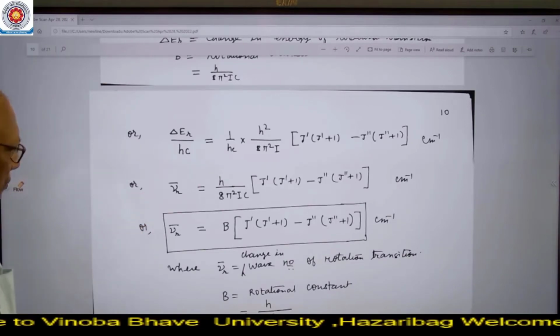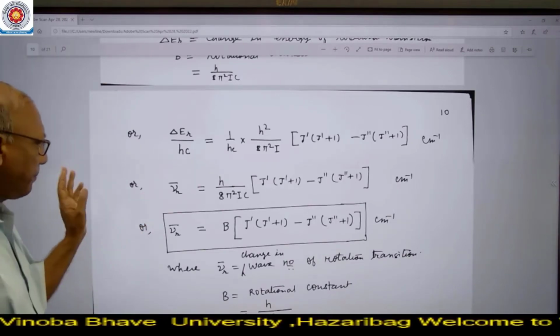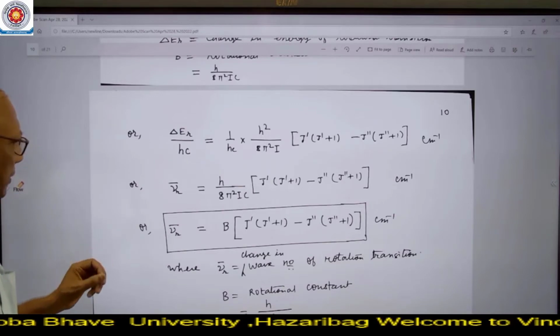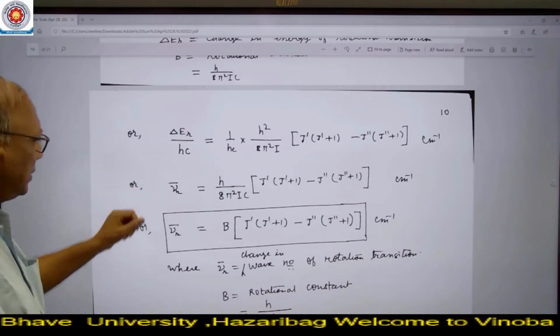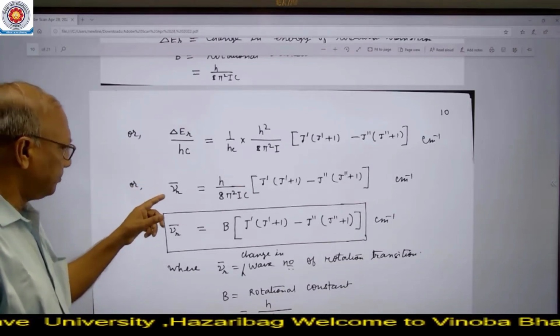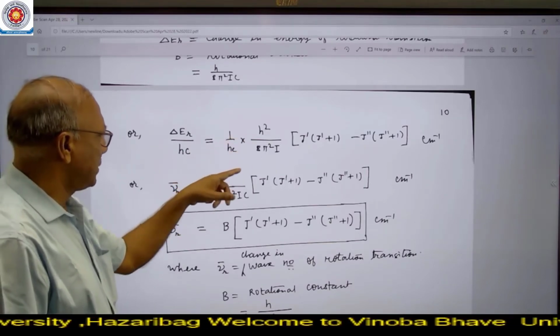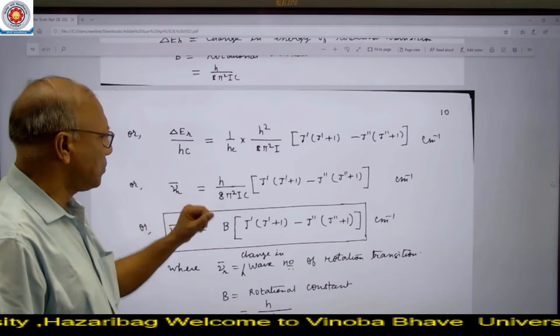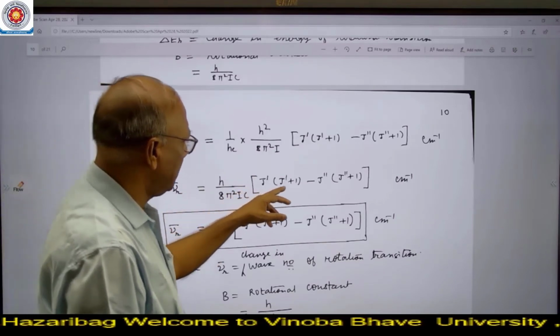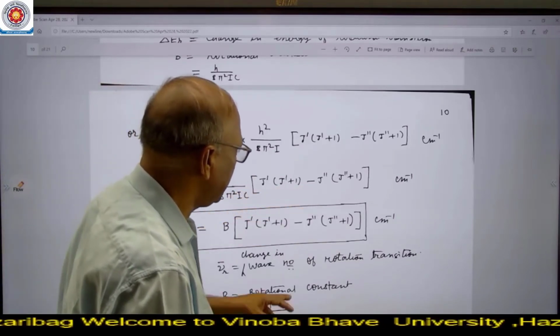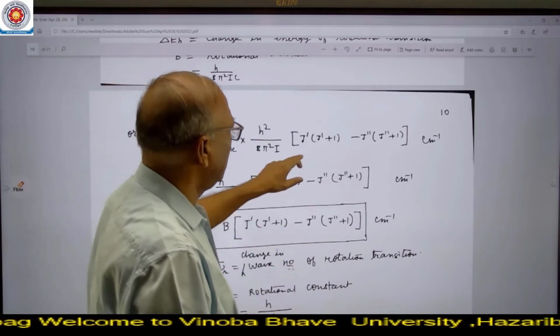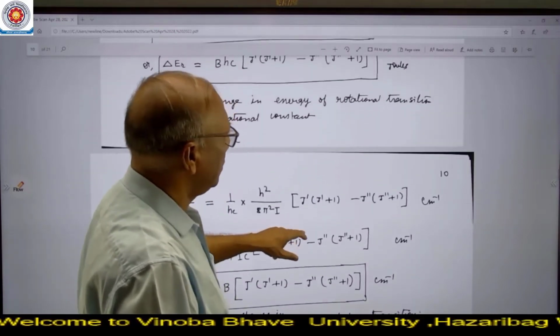We have shown in my previous lecture that this comes out to be delta nu bar, which is the wave number. And now this becomes h by 8 pi square Ic, J prime into J prime plus 1 minus J double prime into J double prime plus 1, and here the unit also changes.